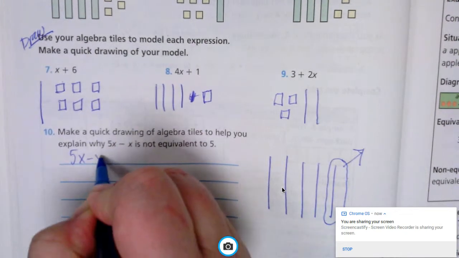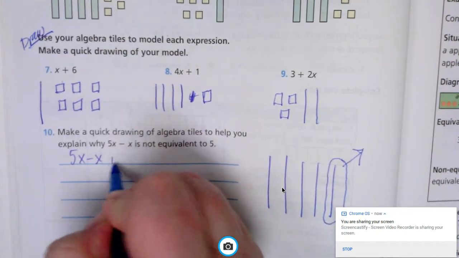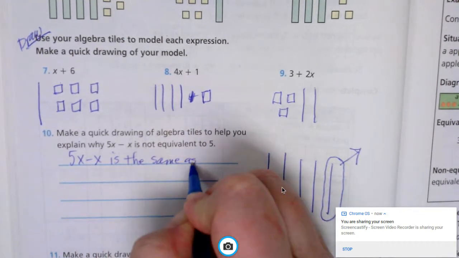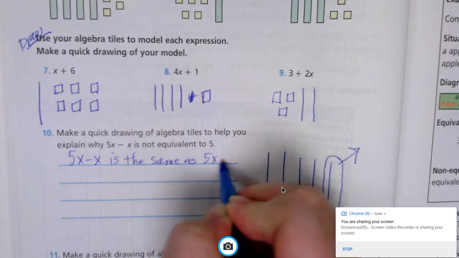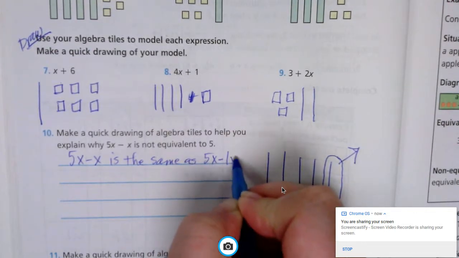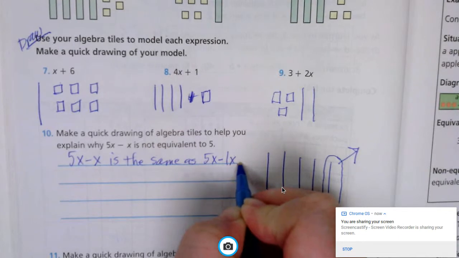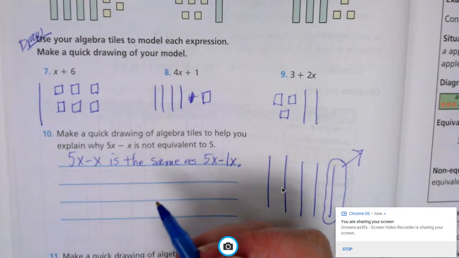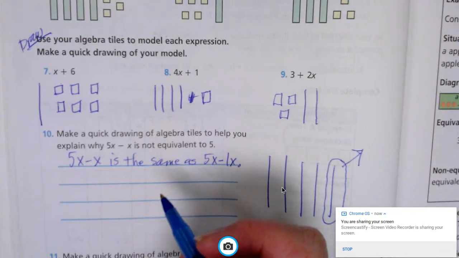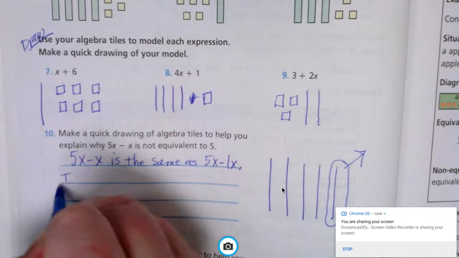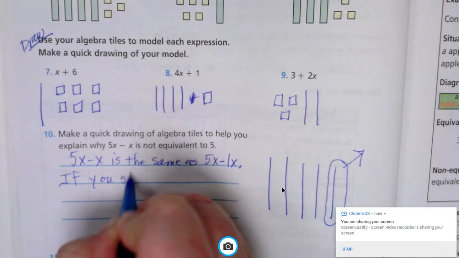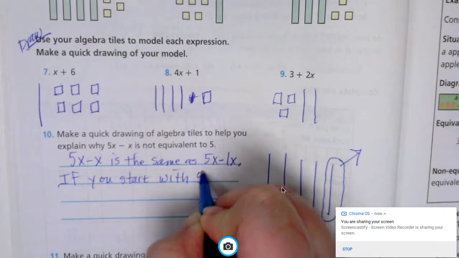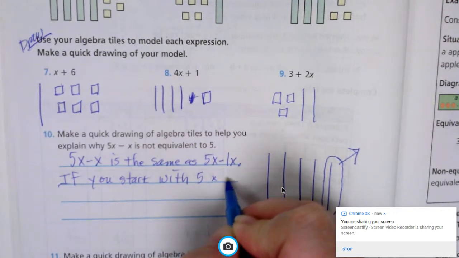5x minus x is the same as 5x minus 1x. If you start with 5x tiles and take 1 away, you're left with 4. So if you start with 5 x, an unknown amount, right?